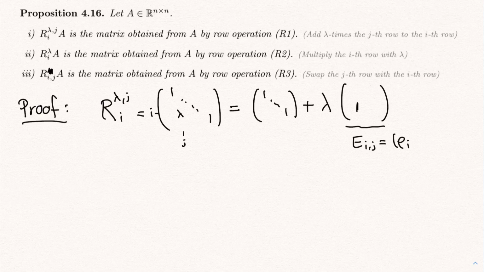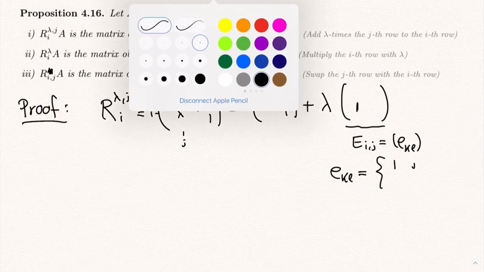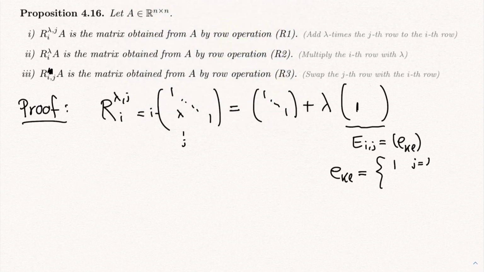So if this has entries small e_kl, then the entry at the position in the kth column and lth row is 1 if j is l and i is k, meaning we have this 1 here, and 0 otherwise.